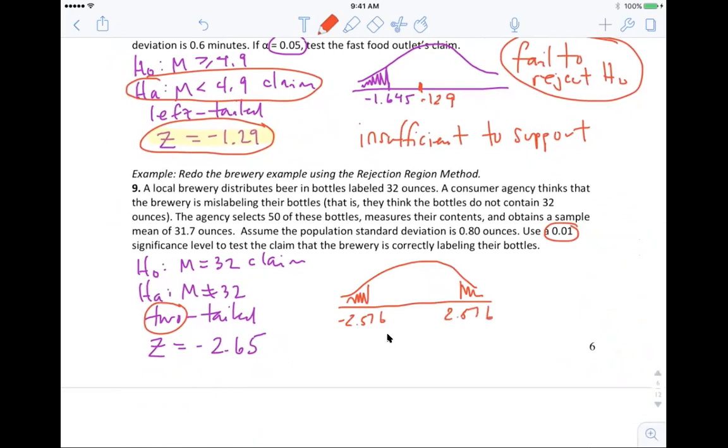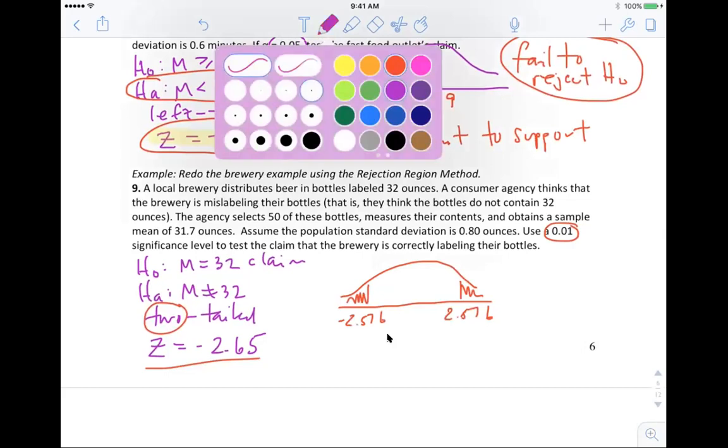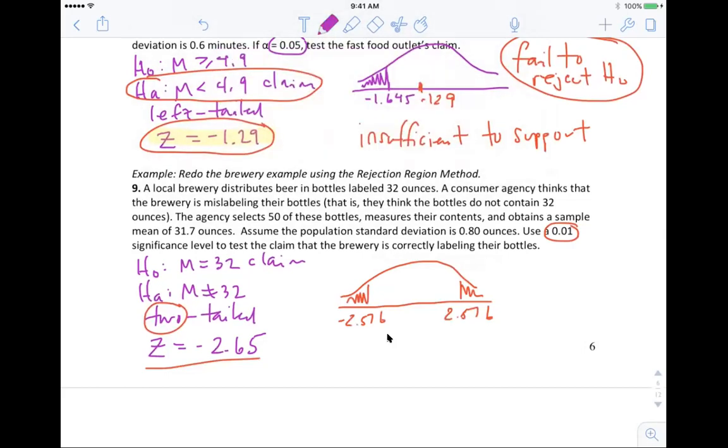Now my question is, this z-score here, where is it? Is it in that rejection region or not? I can do that with a different color. So negative 2.65 would actually be in there, right? That would be my negative 2.65. So in this case, the z-score is in the rejection region. If it's in the rejection region, in that shaded area, reject H sub 0. Okay?